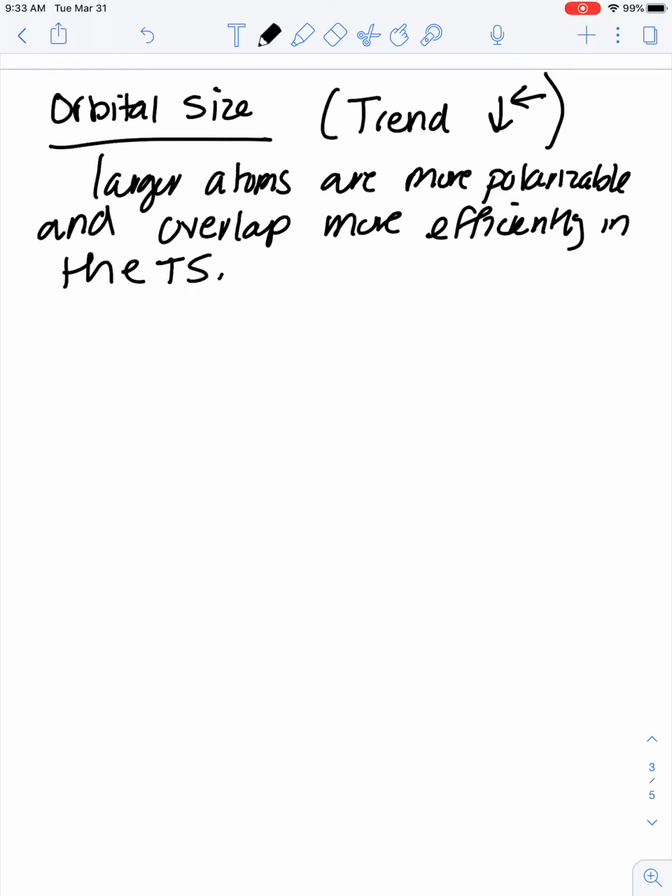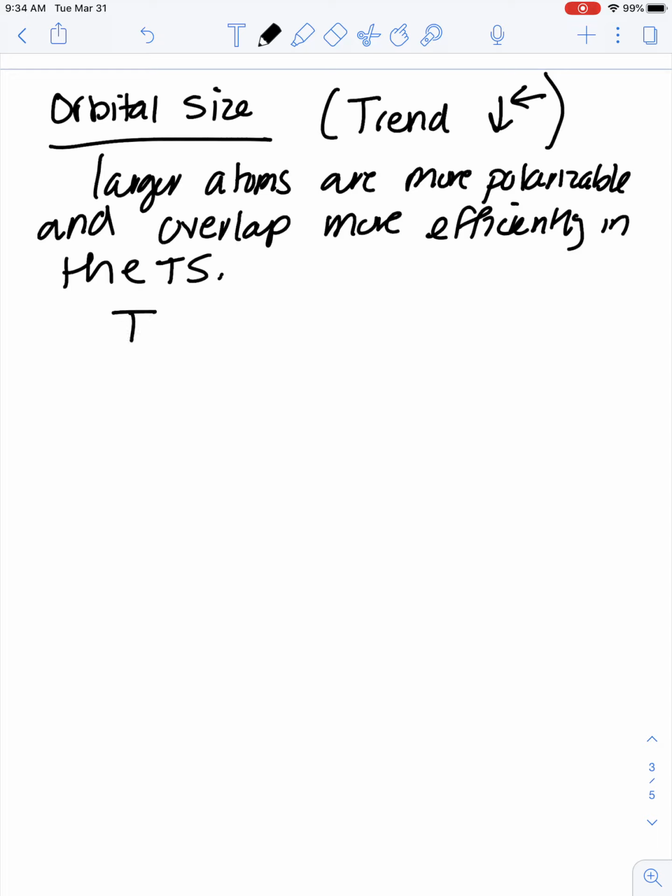So if you think about this, if we have a more effective overlap, that's going to lead to a more stable transition state, which is then going to lower the activation energy. So if our activation energy is lowered, we're going to have a faster reaction rate.